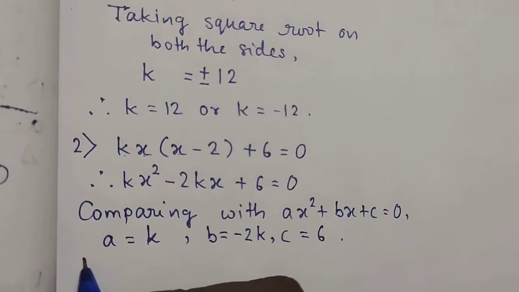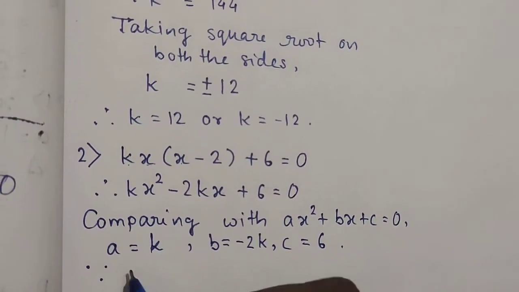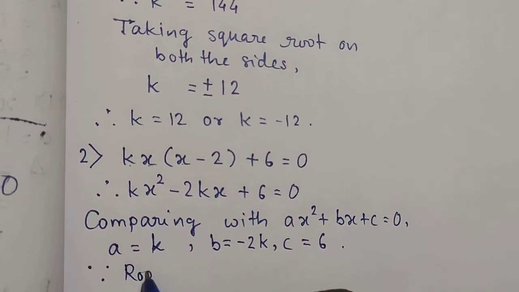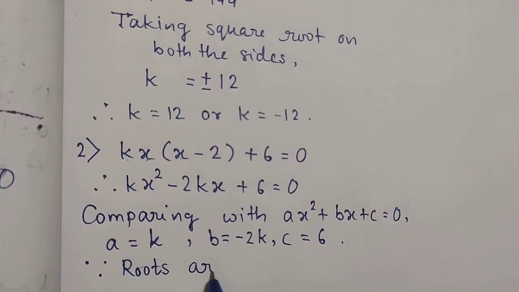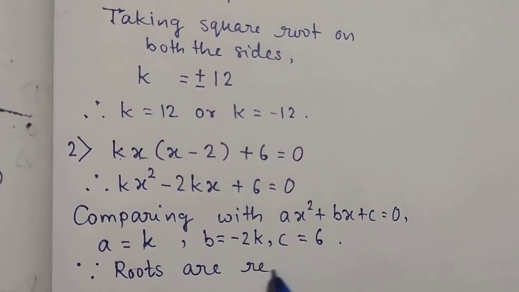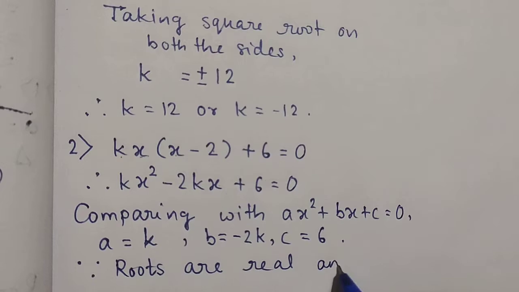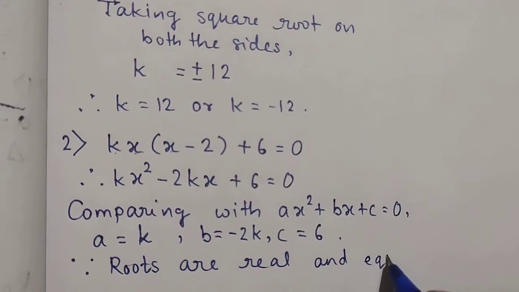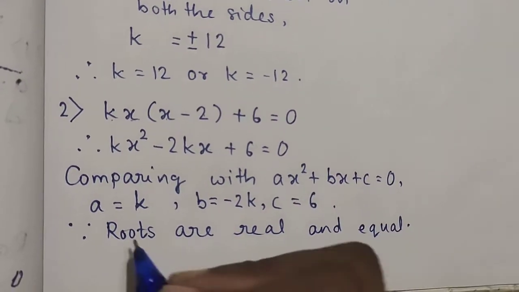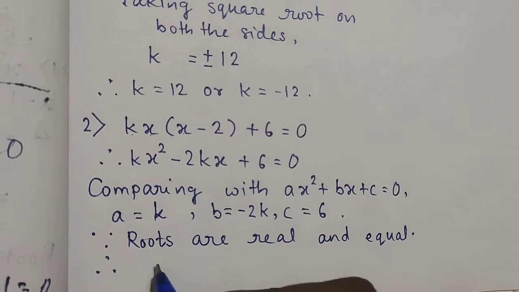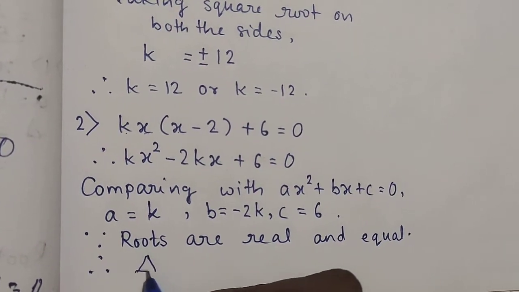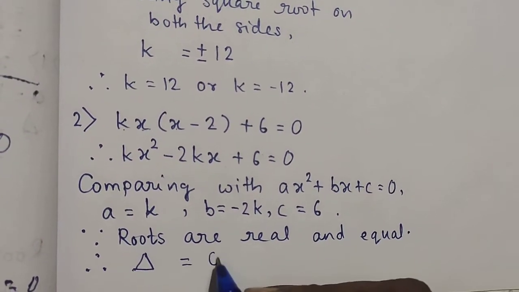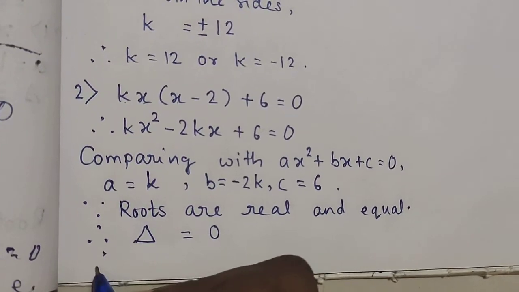Okay, now the same line you are going to write again, since what is given to you is that roots are real and equal. Now see, since roots are real and equal, that means your delta value should be equal to 0. And what is delta?